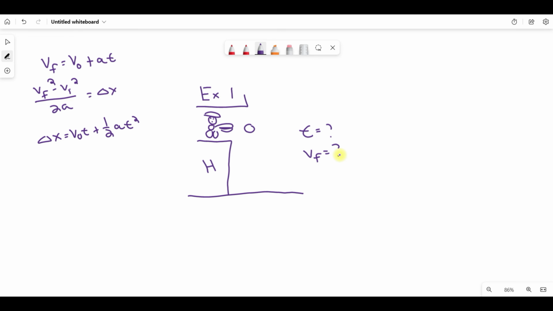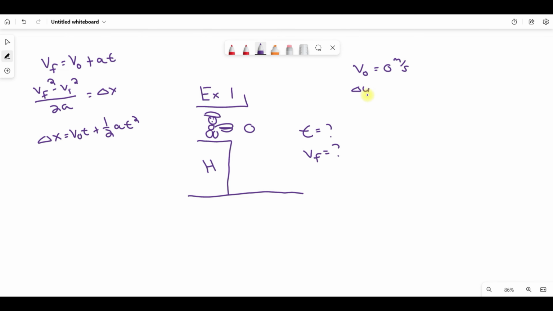So first, in kinematic problems, you want to first figure out what you have and what you're trying to find. What we have is we know that Bob dropped the ball. The wording of these questions is very important, like rest or dropped, because that could implicitly give you variables. So in this case, if Bob drops the ball, we know that the initial speed of the ball was 0 meters per second.